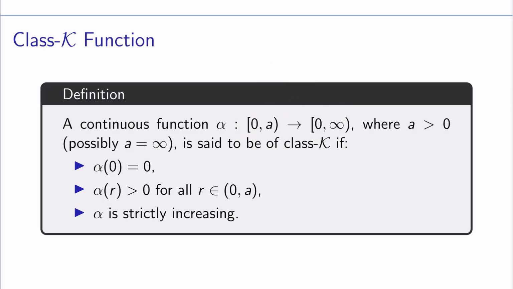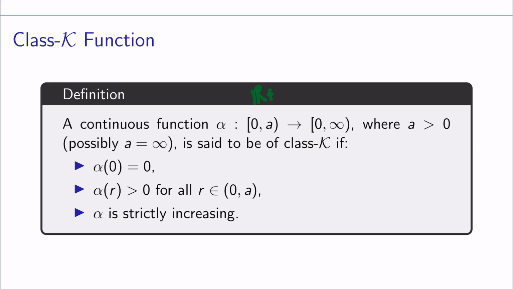Another thing is that it needs to be continuous, and a must be a positive number, of course, and then it can be infinity, so it can be basically R positive.